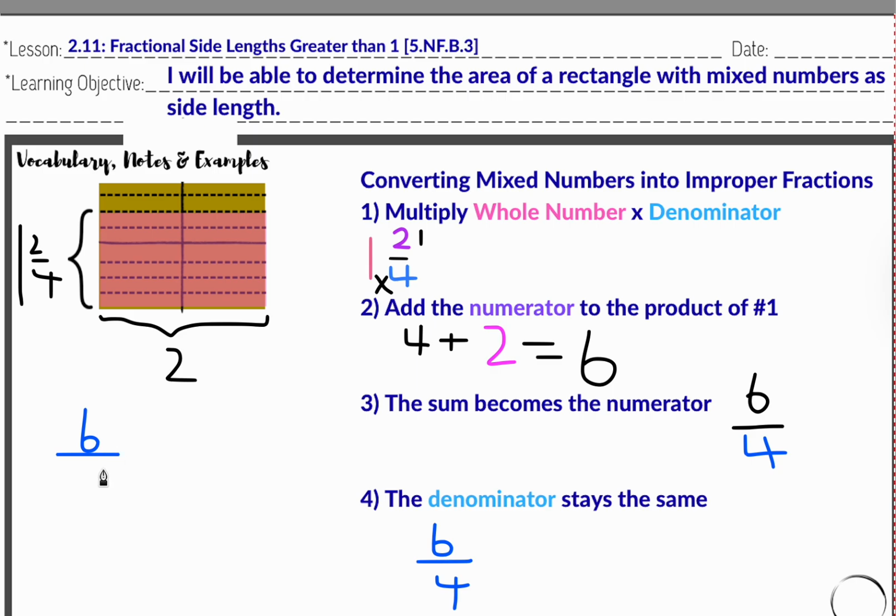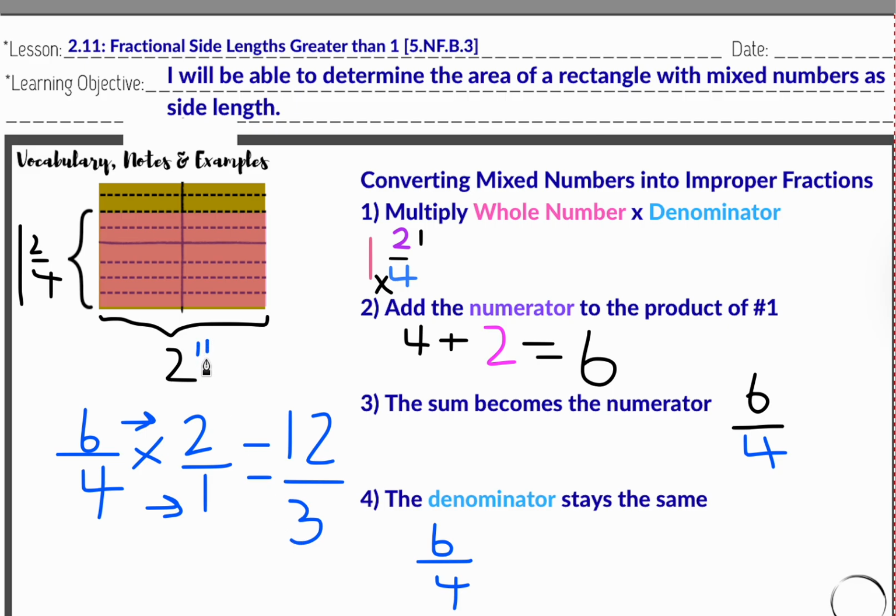Remember, I do area by multiplying base times height. So I'm going to multiply like this, and that's a 2. So remember, we put a 1 under my 2 because it's a whole number. And I just multiply it straight across. So when I do that, I get 12. 6 times 2 is 12. And then 4 times 1 is 4. So then I can leave it like this. And if, for instance, they're inches, then I can say square inches.